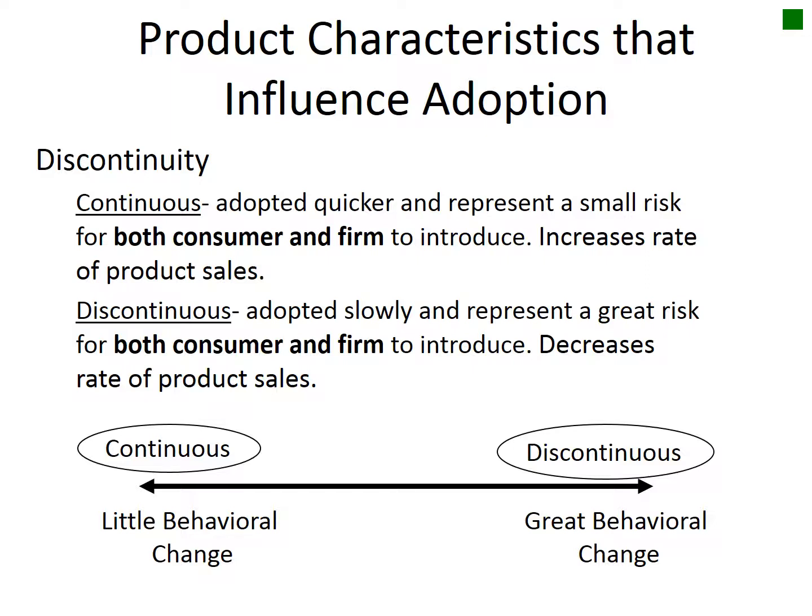Okay, so the product life cycle, even though we talk about the different stages over time, the stages aren't identical for all products. Some products have a very short introduction stage, some have very long ones, and so on and so forth throughout the product life cycle.